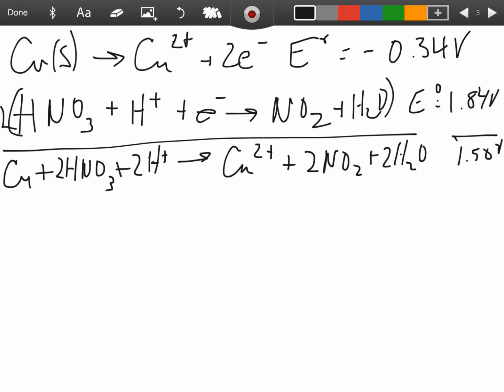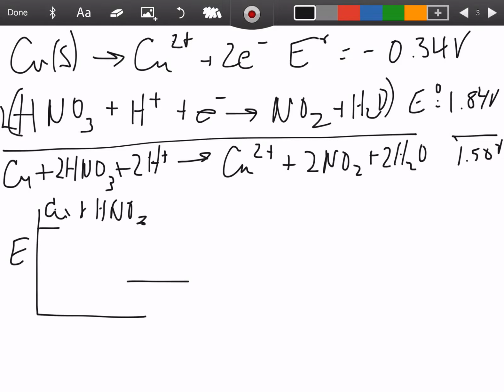All right? It is similar to having an energy diagram, right? And in this energy diagram, I might have copper and nitric acid up here, and then in the products down here, I have NO2 and copper 2 plus, and then I have to go through a bit of a hump in order to get down there to the products.